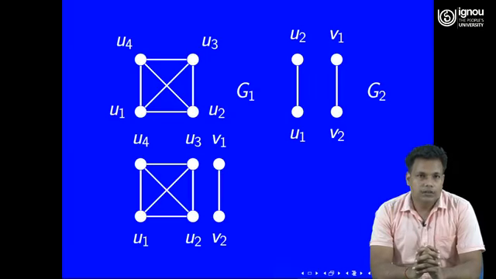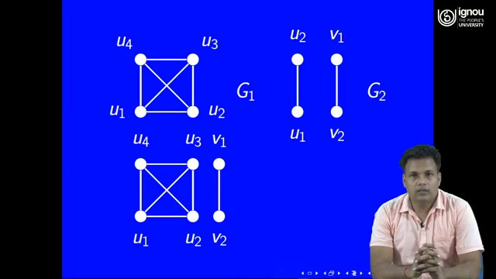Now, the union of G1 and G2 is the graph shown below, which consists of G1 along with only one edge of G2, because you can see that the edge U1U2 appears in both G1 and G2. So, that will occur only once in the union.